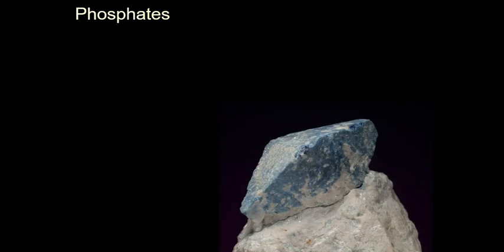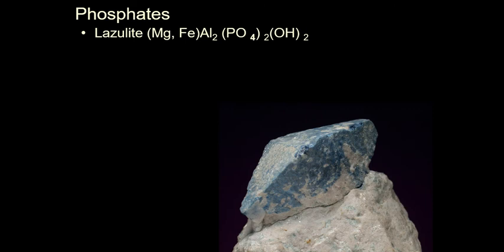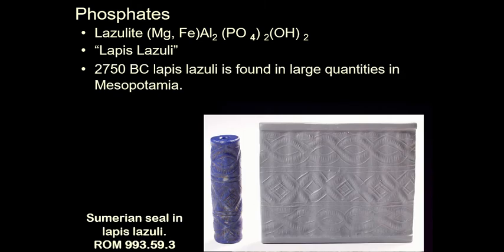Phosphates also include a very important mineral called lazulite, which is the blue component of lapis lazuli, which was particularly important in Mesopotamia when they were making cylinder seals and other things, which we should come to later on.